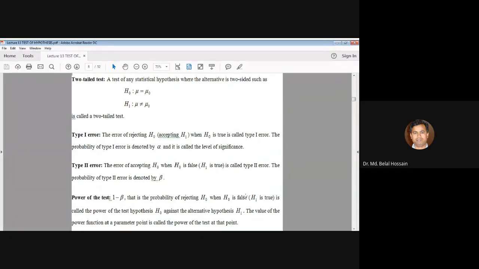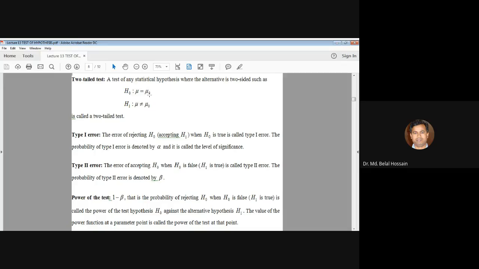A test can be one-tail or two-tail. A test of a statistical hypothesis is two-sided when, say, the null hypothesis is mu equals mu naught and the alternative hypothesis is mu not equals mu naught. So the alternative hypothesis actually goes in two directions.